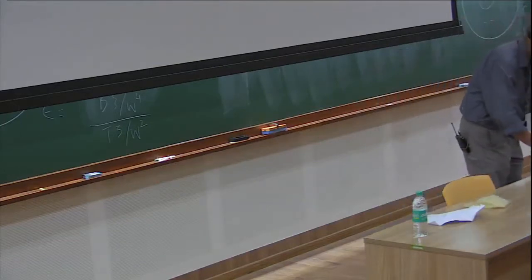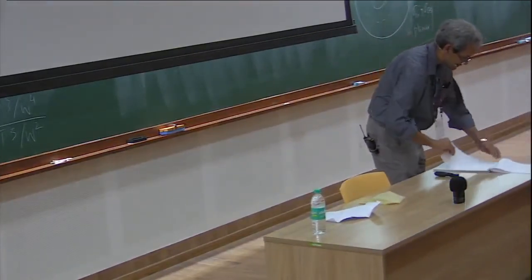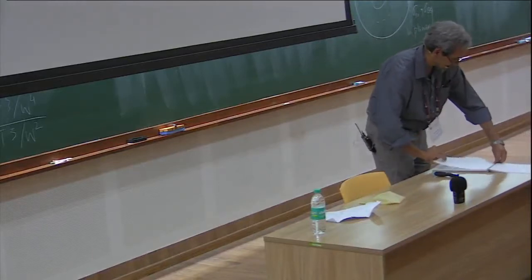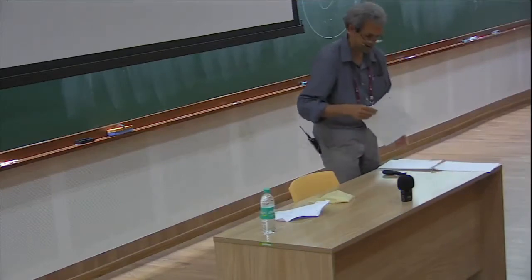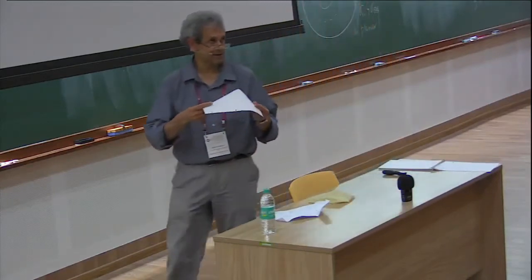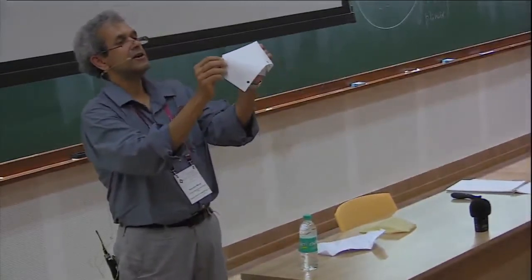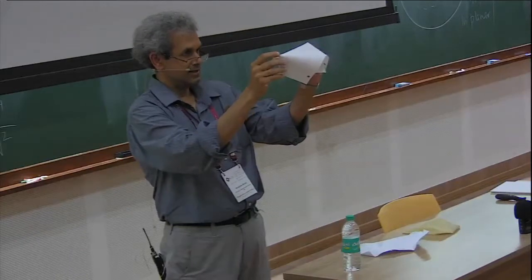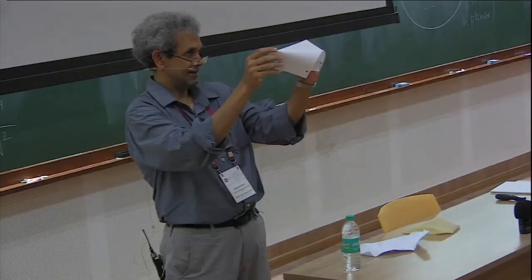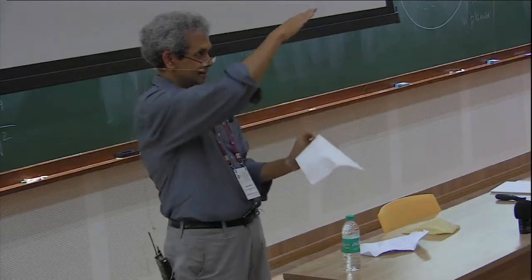So the first thing I'd ask you to do is, let me take a piece of paper. Let's look at this a little bit carefully. Let's make one of these, okay? And you can all try it. If you try it, you'll find that this thing is not flat. This thing has a curve to it.